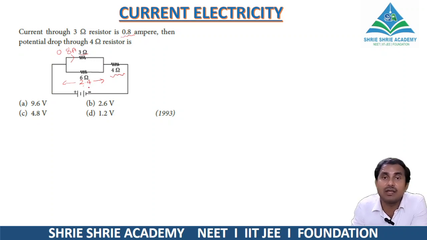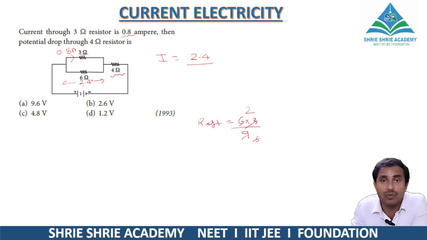So there are many methods. One method, like, you can find out total current. Total current is equal to total voltage by total resistance. Total resistance of 6 and 3 in parallel connection: R1 R2 divided by R1 plus R2, so you will get 2.